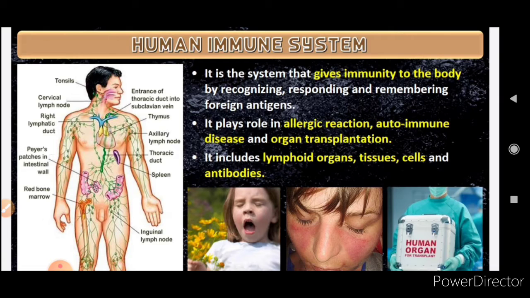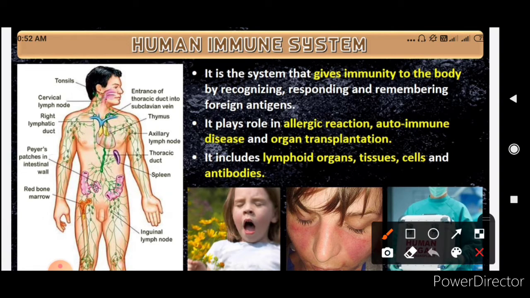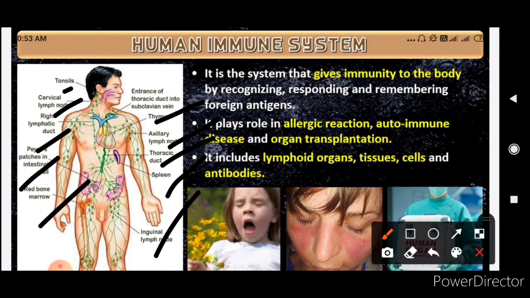All these organs which are given on this side are nothing but the immune organs: thymus, lymph node, thoracic duct, spleen, bone marrow, Peyer's patch, lymph duct, tonsils.